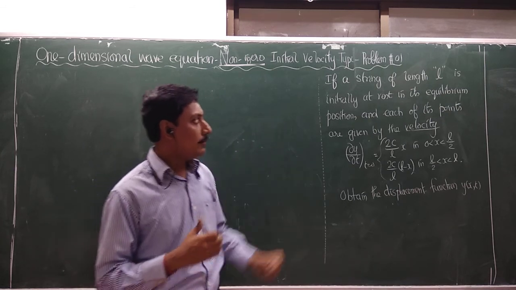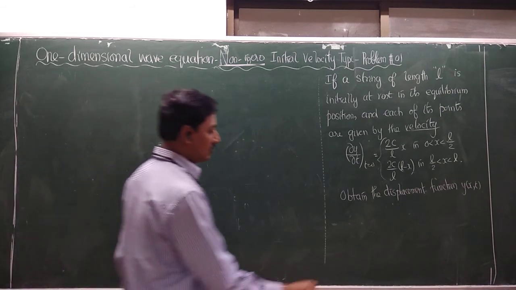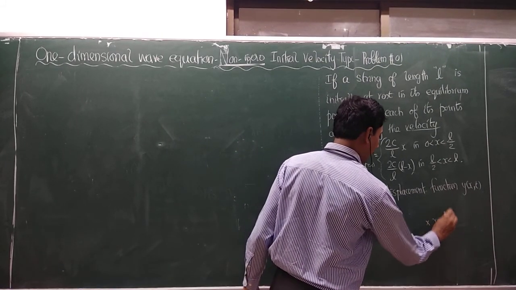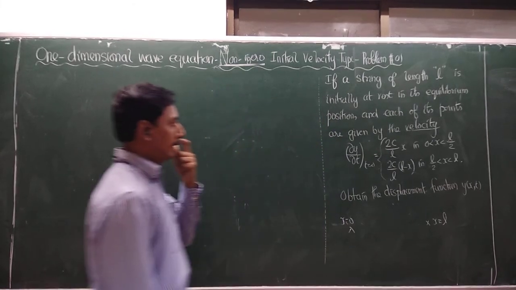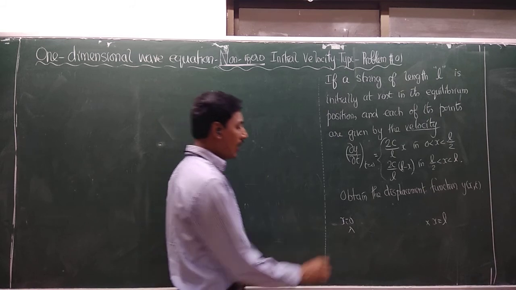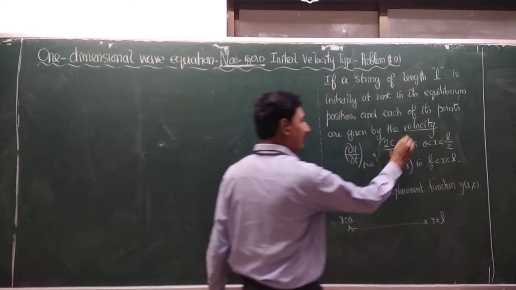See, this is problem number 1. If a string of length L, so x equal to 0 to x equal to L, is initially at rest in its equilibrium position, and each of its points is given a velocity.